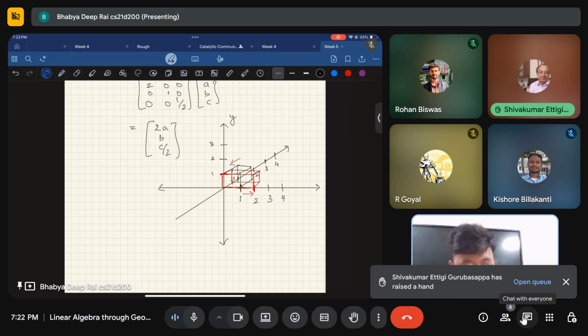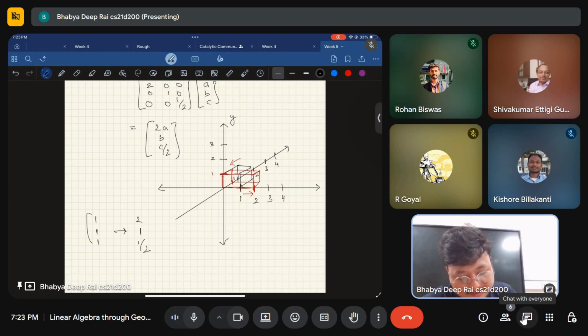If the original dimensions were 1, 1, 1, the new dimensions are 2, 1, and a half. The volume is still length times breadth times height, and it's still 1. Good. Thanks.